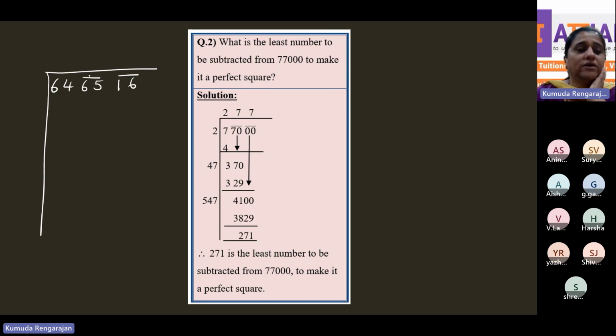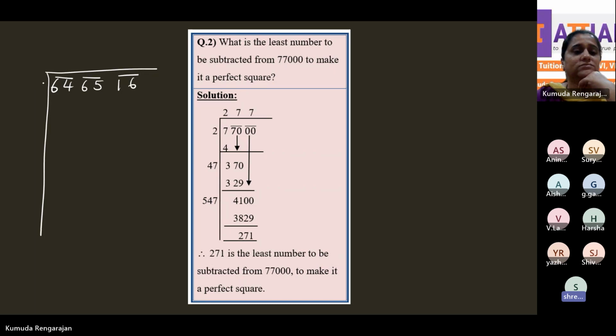So one of you help me do this long division. Somebody help me start this. Can I try, ma'am? Yes, sure.